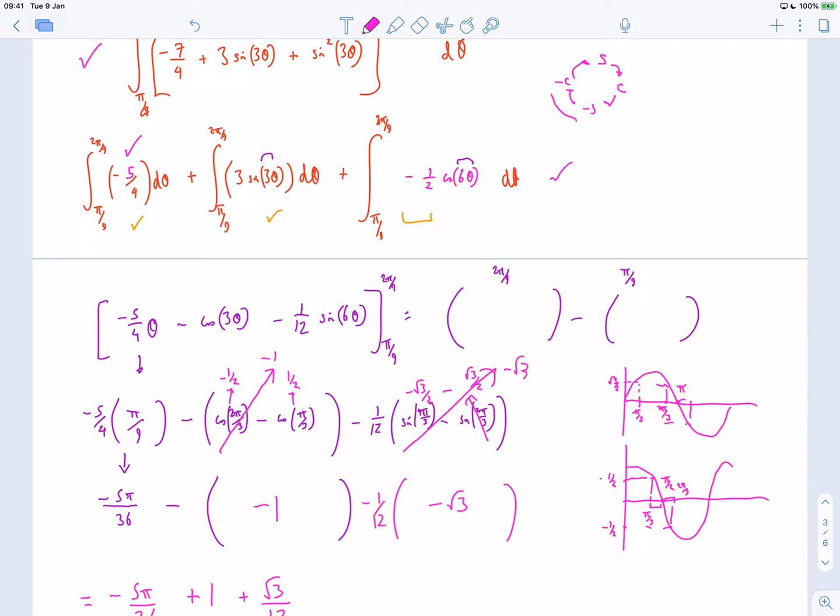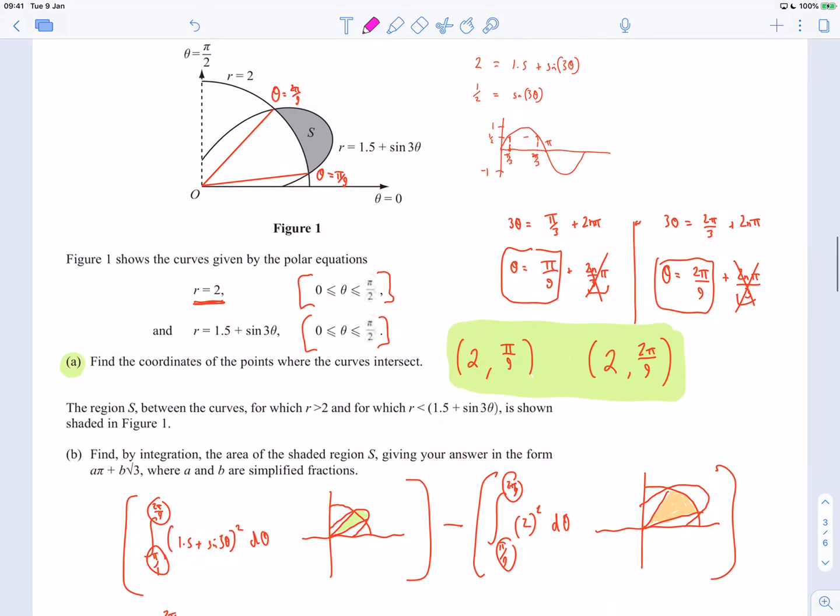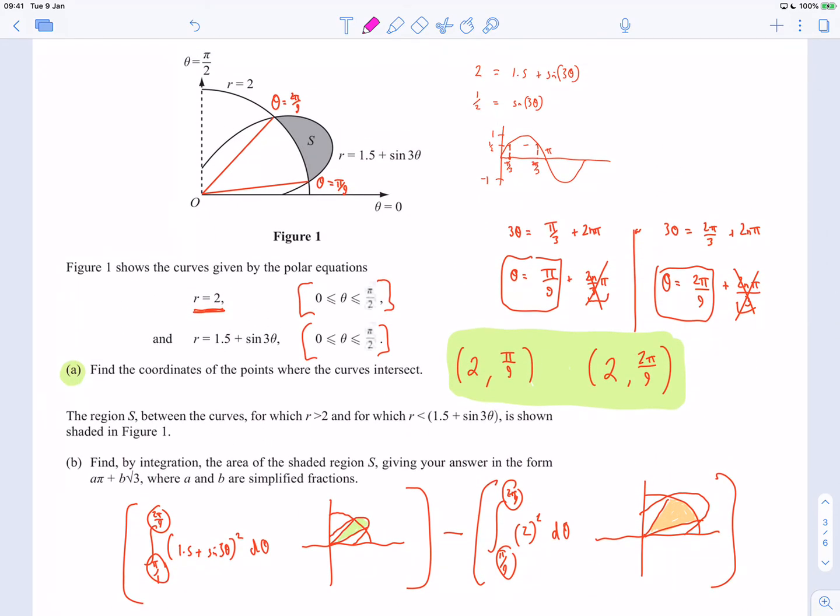And if I do that with just pi, it's positive a half. Yeah, so that's minus 1. That's weird. I've definitely done the right integral.